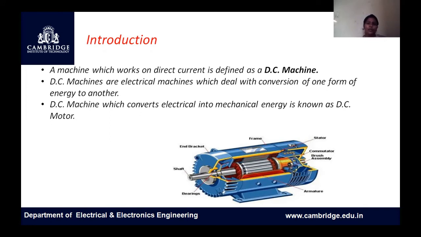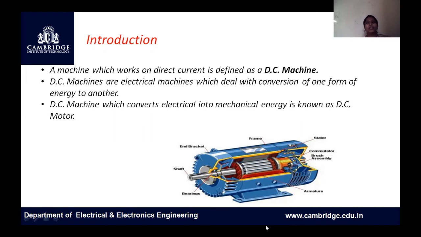We will also understand how we can control the speed of the DC motor when we talk about back EMF and its significance, and study the speed control of DC motor in detail.